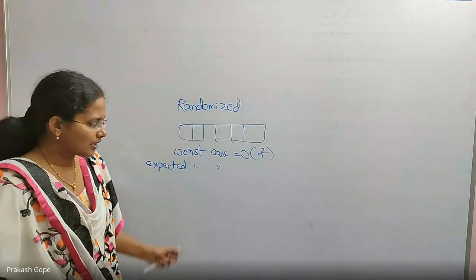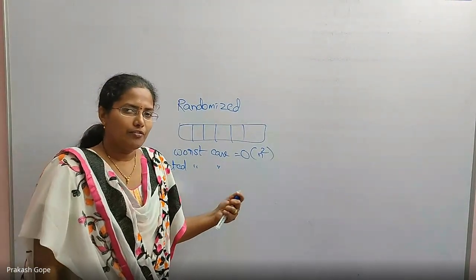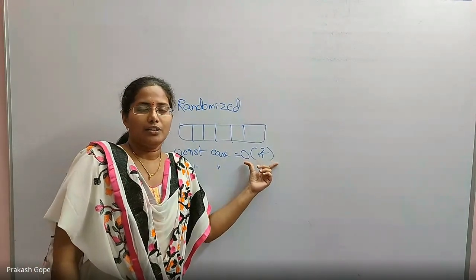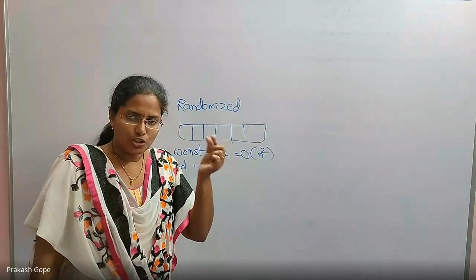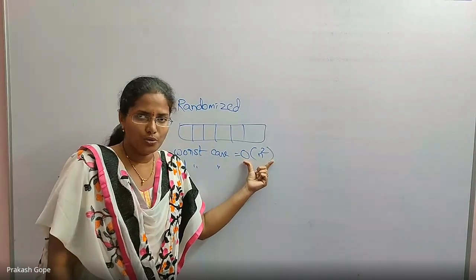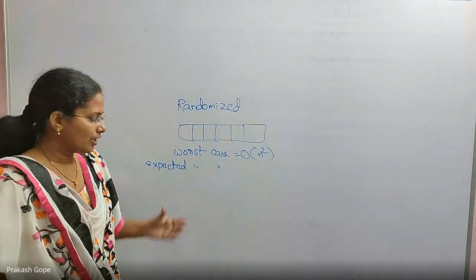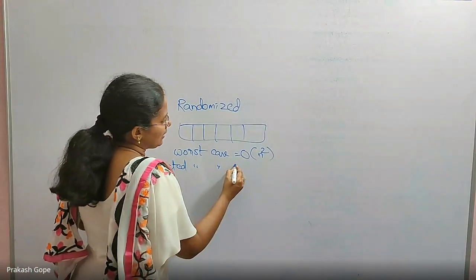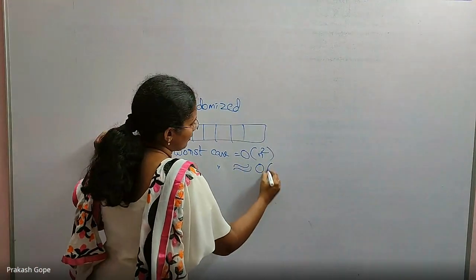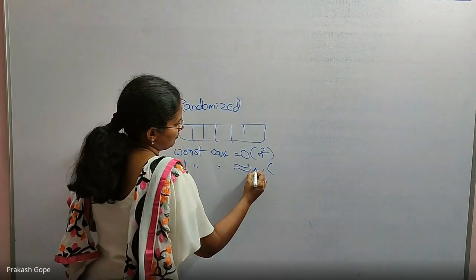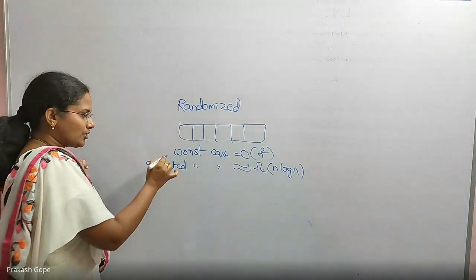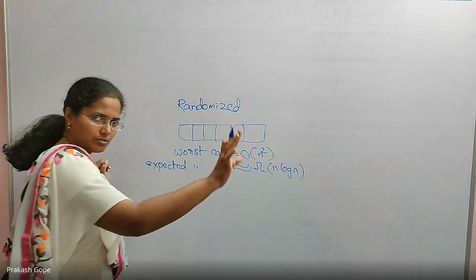Some statistical conditions are used, and when they analyze, of course there is one such case where it can go to n square, but it need not always go to n square. In most of the cases, it reaches n log n.